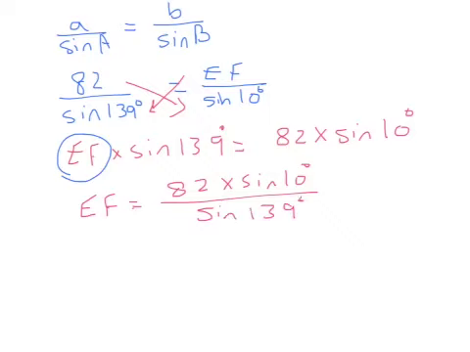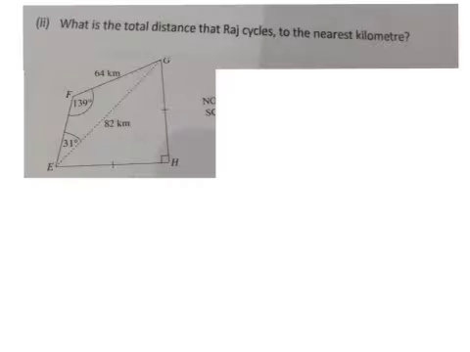That's another property of algebra, making EF the subject. Putting all this on the calculator, you end up with 21.7 kilometers, but the question is asking you to the nearest kilometer, so you need to round off, and it will be 22 kilometers. Therefore, the length of EF is 22 kilometers.